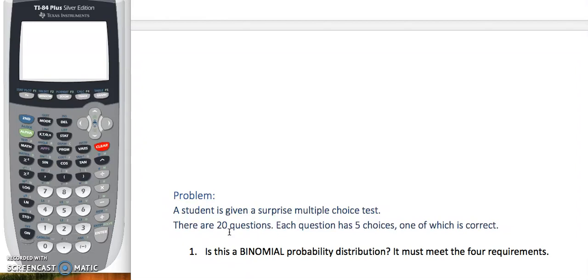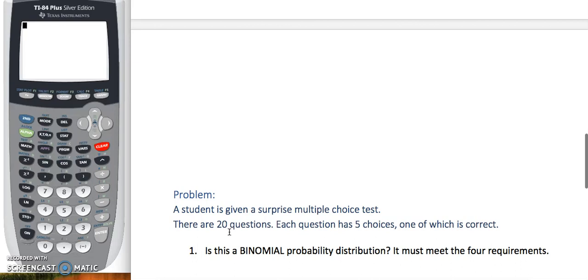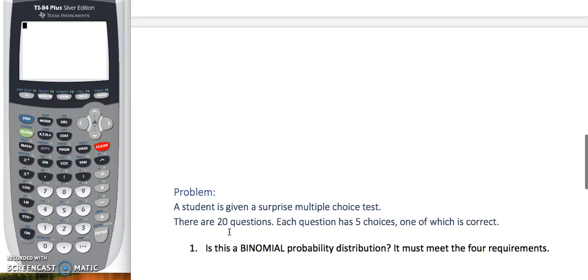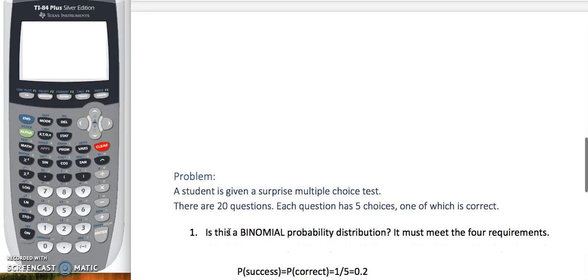My outcome is either I get it right or I get it wrong. I either get it correct or incorrect. So, what is my probability of success or my probability of getting it correct? Well, each question has 5 choices and only one of those choices is correct. So that's 1 out of 5, or as a decimal, 0.2.